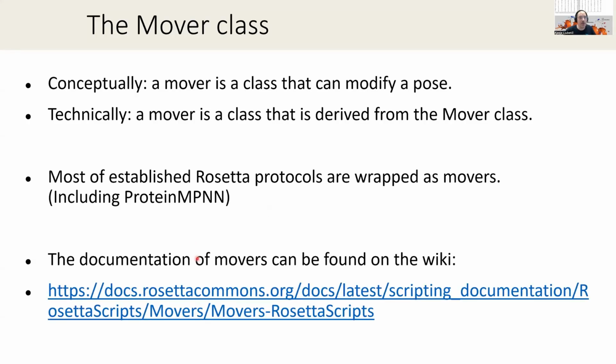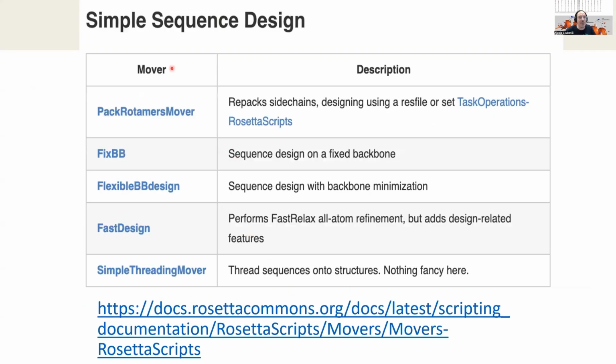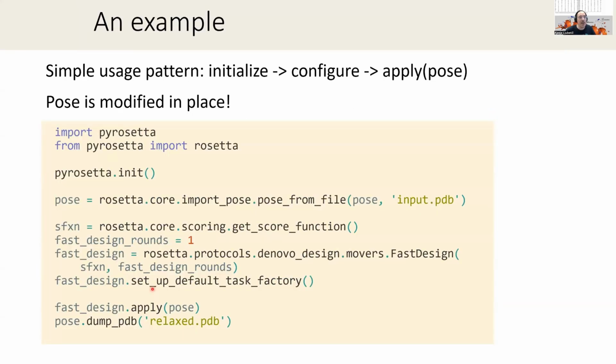The documentation is also here on the link. Here are some examples of movers. For example, you can redesign proteins, you can do fast design and stuff like that. And here's an example in PyRosetta of how you would call it: load a pose, define a score function, define what you want your mover to do, apply it to the pose, and then save the pose to a different PDB file.